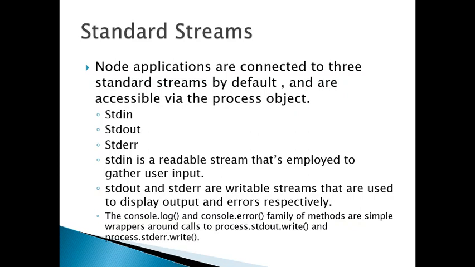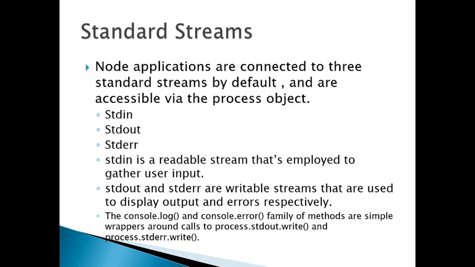Then stdout and stderr. stdin is a readable stream deployed by your operating system and available to gather any user input from keyboard or mouse, etc. And stdout and stderr are writable streams that are used to display output or error respectively.